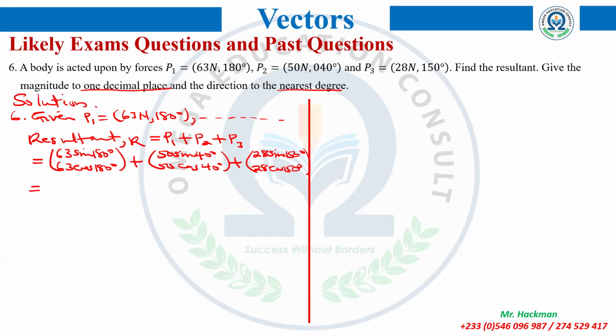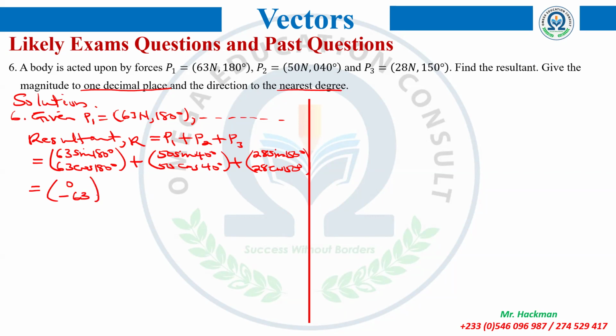0. As you mature, you will know that this will be 0. 180 degrees is on the line, so your y component will be 0 here. Negative 63.